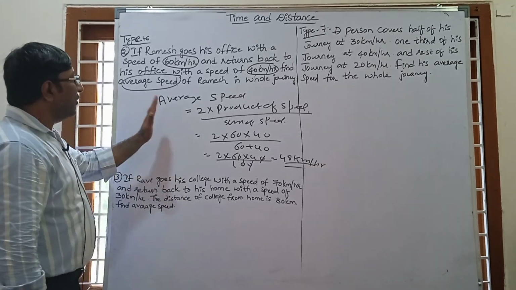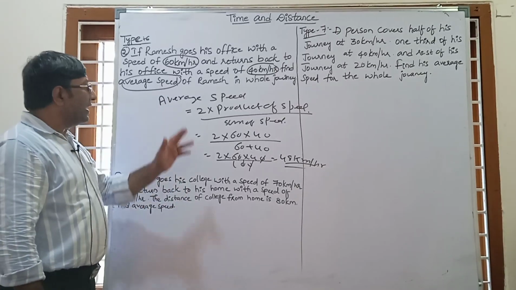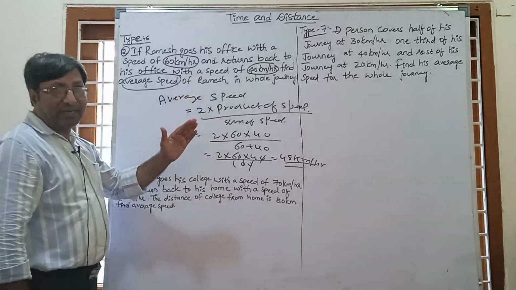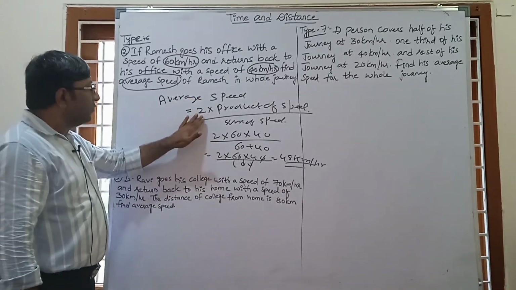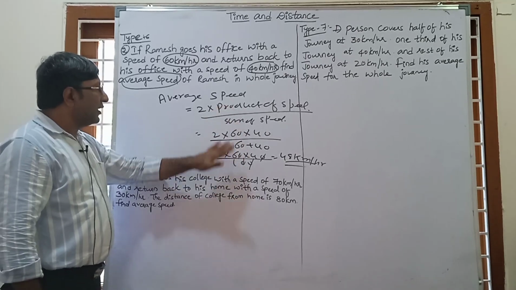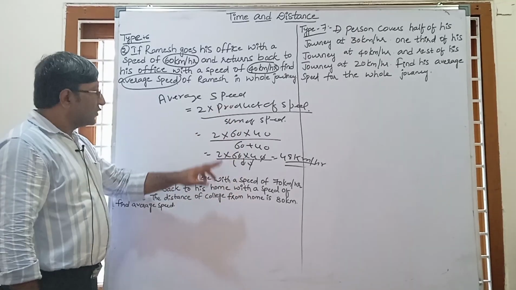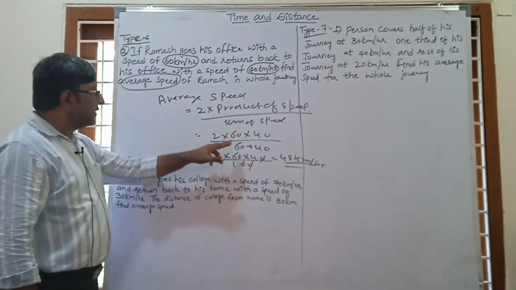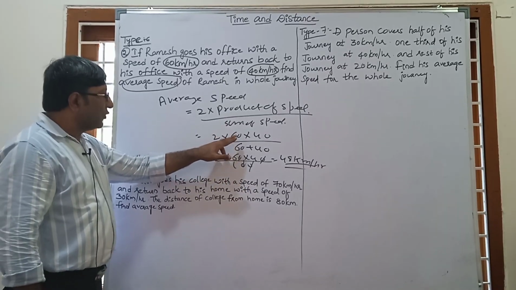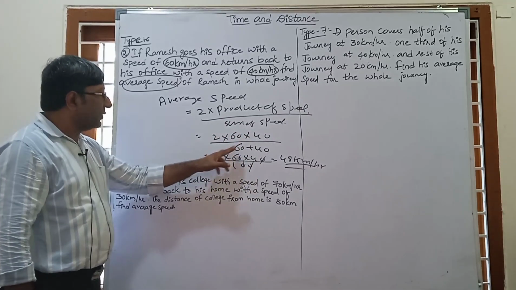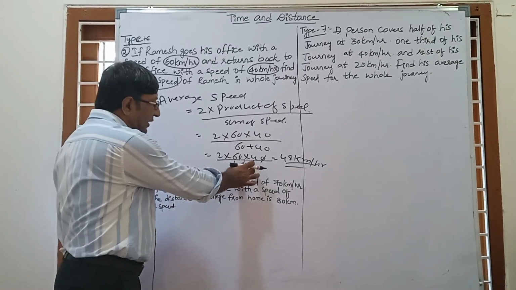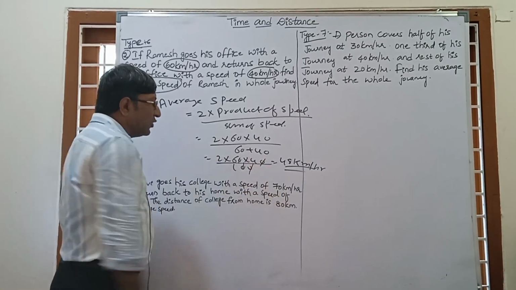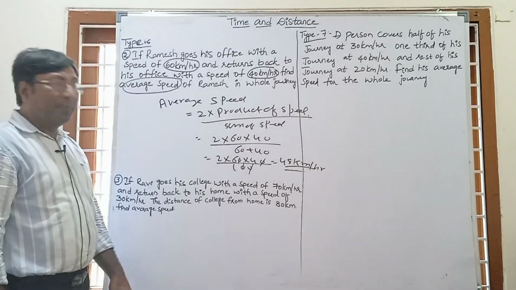This is the trick: when distance is constant and speeds are given different, then average speed equals 2 multiplied by product of speeds divided by sum of speeds. So 2 into 60 into 40 upon 60 plus 40, that is 2 into 60 into 40 divided by 100. The 0s cancel out. Your answer is 48 km per hour.